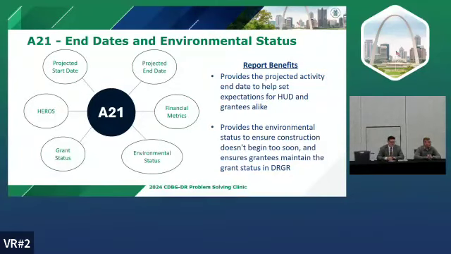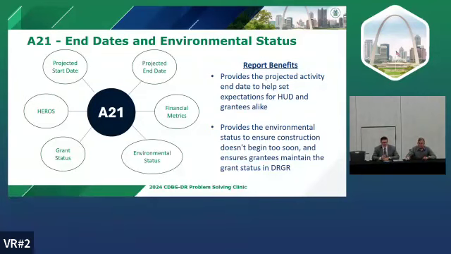Very important not to close out an activity where you built a roadway or a building and then say, oh, we never did an environmental. That's kind of bad. It gives the financial metrics and the grant status. So this is an important report, just so you know where you're at. You just want to get a great overview of all your activities.